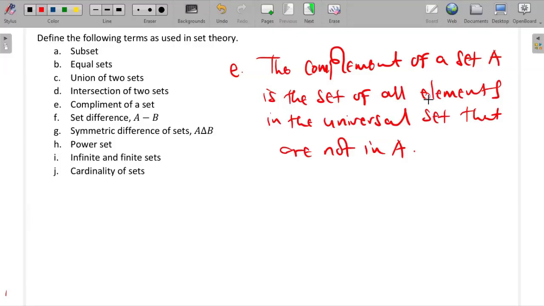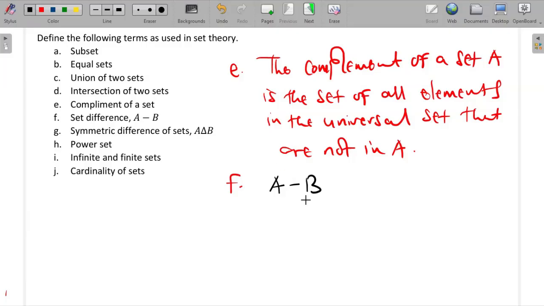So a set that contains the elements that are not in the set under consideration is what we are calling the complement. Okay, what about the set difference? This is part F. The set difference A minus B is the set of elements that are in A but are not in B. That's the definition.